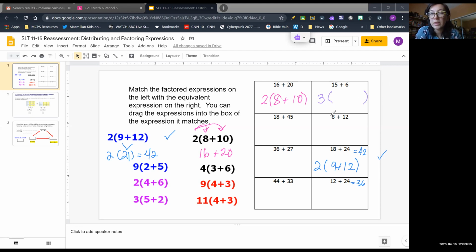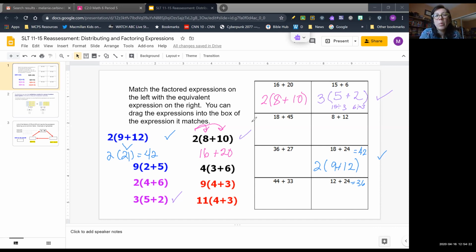And then inside, I have to kind of deconstruct it. 15 divided by 3 is 5, plus sign, because there's a plus sign, and 6 divided by 3 is 2. I can look here, and yes, 3 times parentheses 5 plus 2. So those are 3 different strategies.